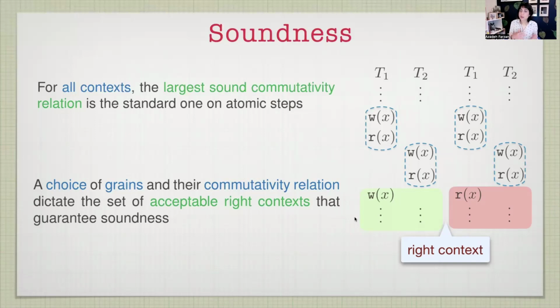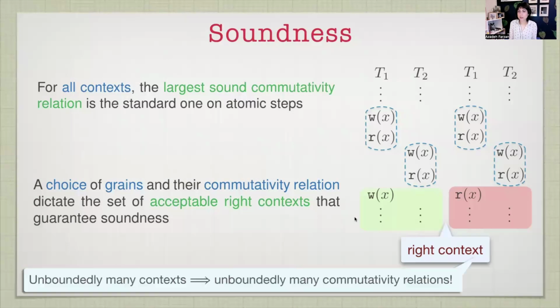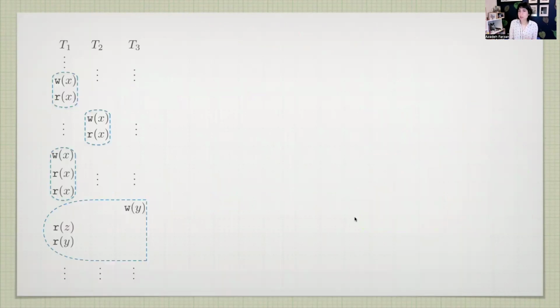And as I then move ahead, I will check and verify that that guess was actually okay. I'm adding this business of the right context to my guessing as well. And maybe if one thinks about this super plainly, one says, wait a minute, there are unboundedly many right contexts, so maybe we're dealing with unboundedly many commutativity relations. But it's really not so.